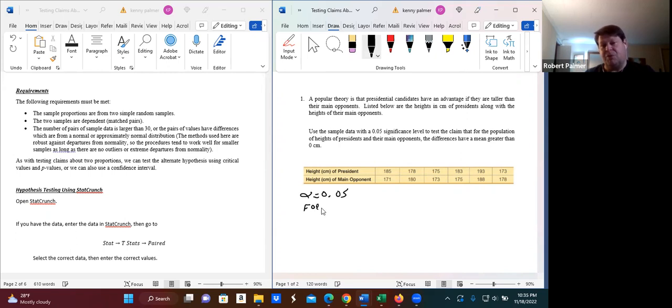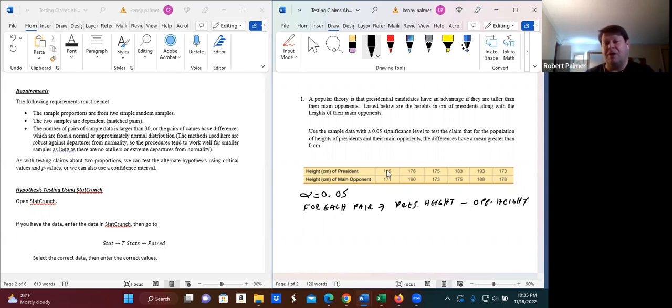And what we're essentially doing, and StatCrunch will do this for us, is for each pair taking the president's height minus the opponent's height. It's okay to do it the other way as well, but just to make sure we're consistent, the presidential height minus the opponent's height.